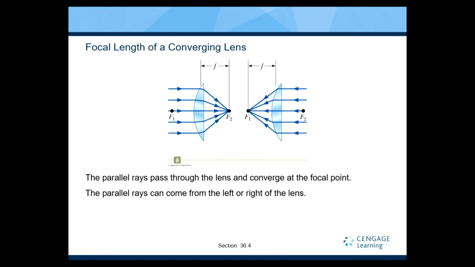So my focal point for a converging lens, so I'm going to get a flat side here on my converging lens. I get parallel rays that come in. This is my focus. Same way from over here. So the parallel rays pass through the lens and they converge at the focal point, and the rays can come from the left or from the right.